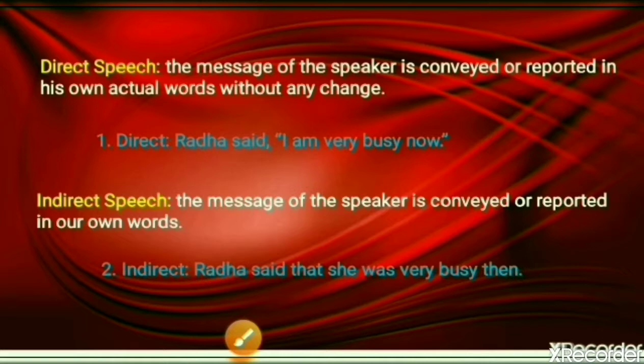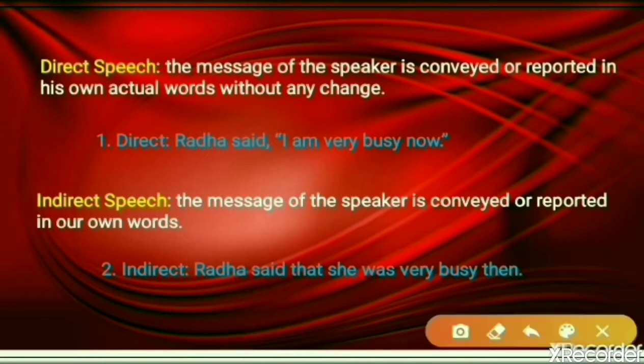So when you convert direct speech into indirect speech, these are the points you have to keep in mind. First thing, you have to add that. Second, you have to remove inverted commas or quotation marks. Third thing, pronoun changes.